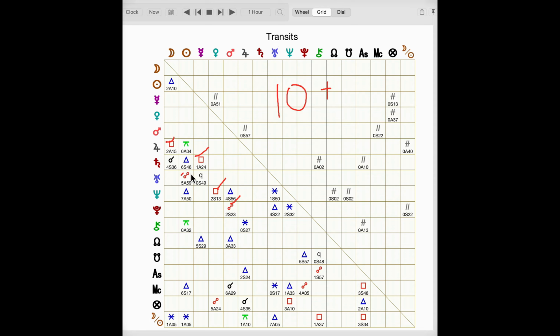And that is considered a negative aspect. So let's consider that too. 6, 7, and then see this down here? This is a quindecile, or some people call it quindecile, an Italian pronunciation that was popularized by wonderful astrologer Noel Tyl. We're going to count that one too. So we have 1, 2, 3, 4, 5, 6, 7 more challenging aspects.